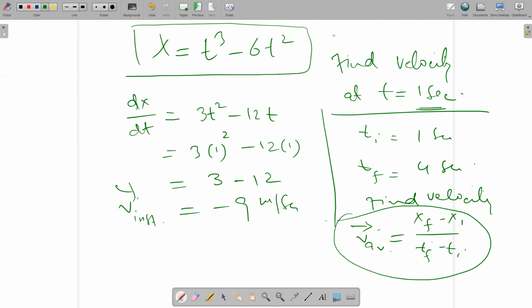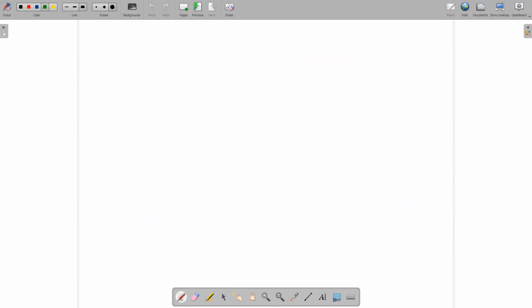Okay, so after the concept of the average velocity and the instantaneous velocity, the next concept I want to give you is acceleration. So acceleration is what?